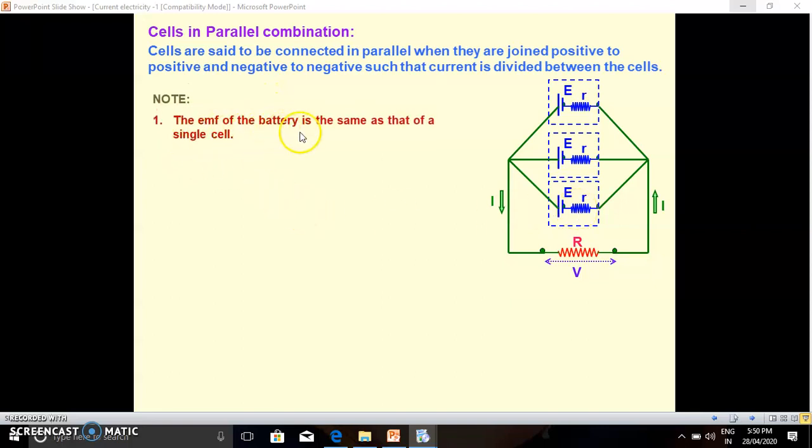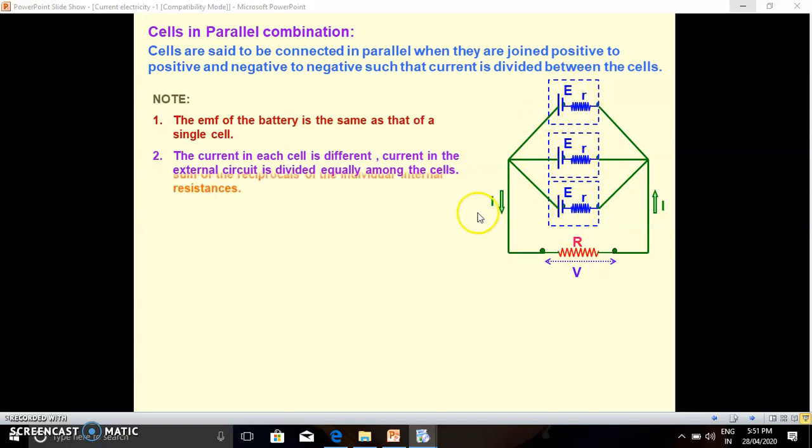The EMF of the battery is the same as that of a single cell, because in parallel combination the potential difference or EMF across each cell is the same. Then the current in each cell is different. Current in the external circuit is divided equally among the cells. As I said, each cell follows a different path, so a different current flows through each cell.